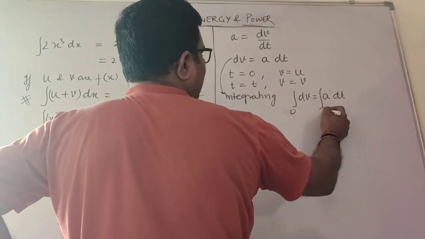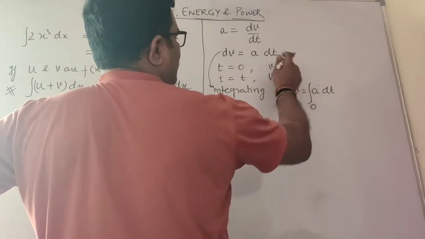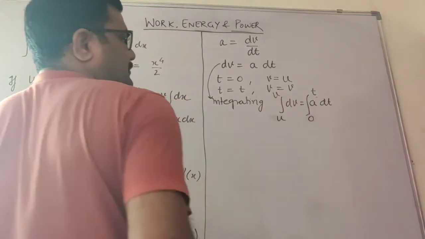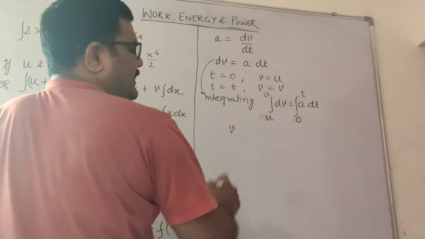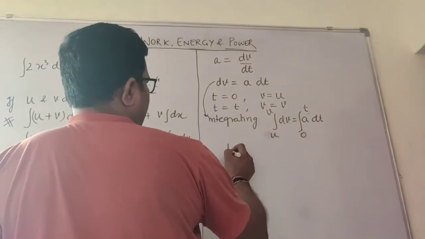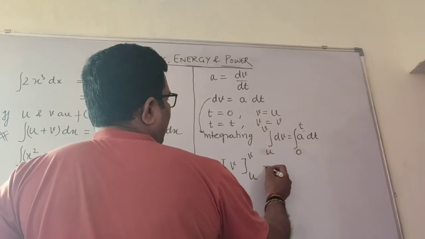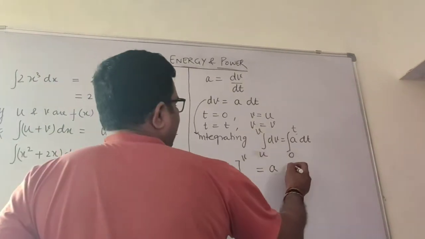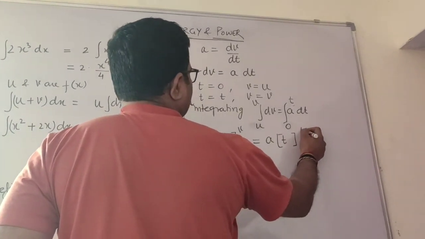So here you have to use the limit of time 0, and here the initial velocity u. But after time t, the final velocity becomes v. Now what is the integration of dv? dv will give v. And what is a? a is considered as a constant. dt will give t, with the limits as given.